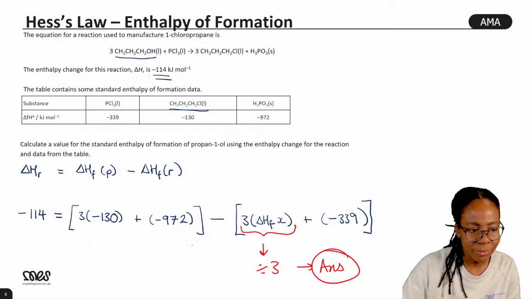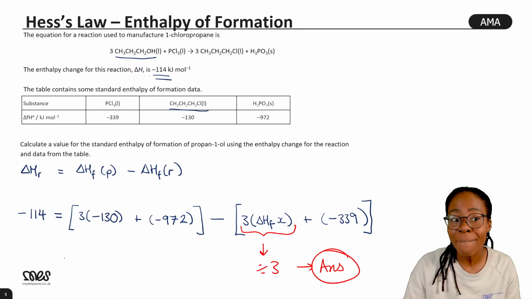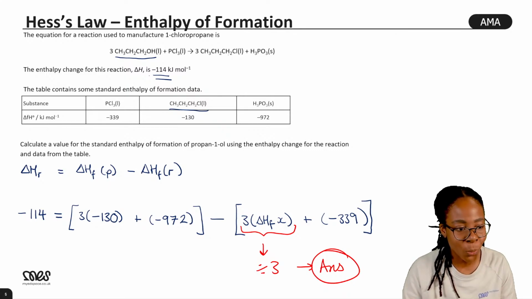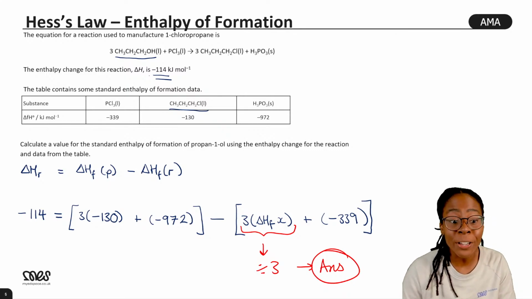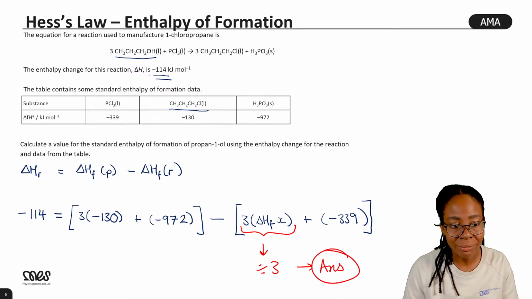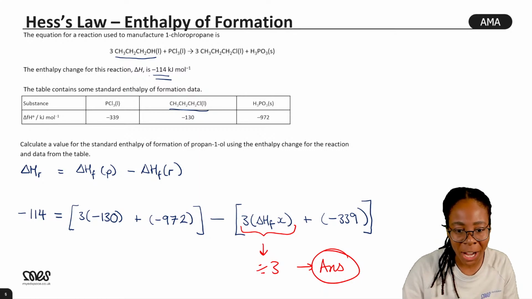Lovely. If anyone wants to solve this and give me the answer in the chat, feel free. But for now, the key is, can we figure out what to do with this data when we're given it? Oh, shift solve. If you've got a fancy calculator, then you absolutely could do that. I don't have a fancy calculator, just a basic calculator, so I would have to go through and put all of these numbers in.